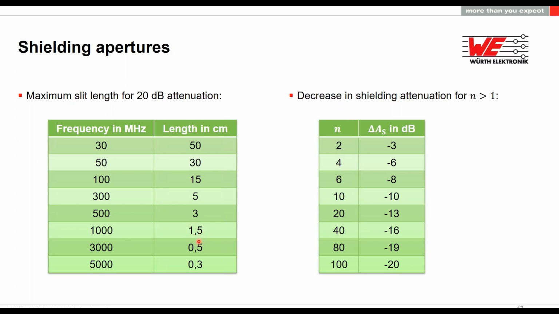If we exceed this length, the shielding effectiveness becomes worse than 20 dBs. When we have more than one aperture placed together, the number of apertures also affects the shielding effectiveness. As we increase the number, the attenuation of the shielding gets worse.